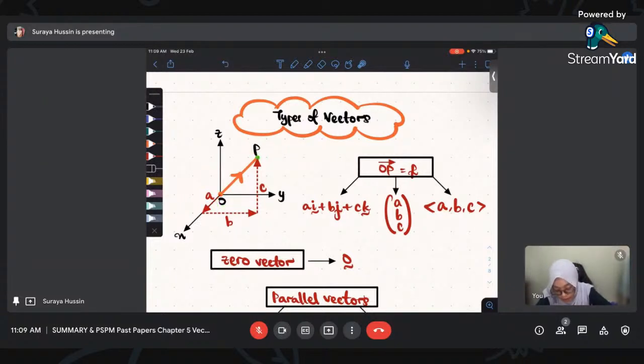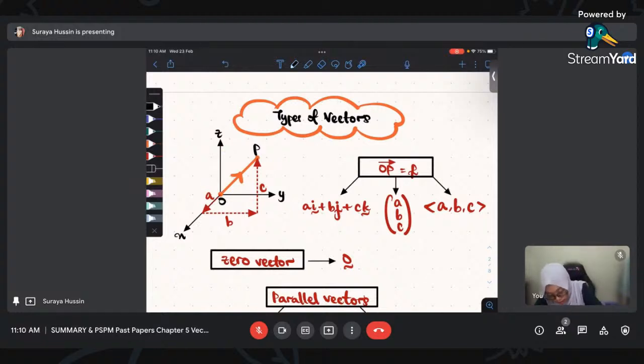So this is point P, right? So you know this is the point P, but actually sebenarnya dia dari origin. Every point has a connection with origin. Sebab itulah dalam penulisan vector kita tulis OP direction.